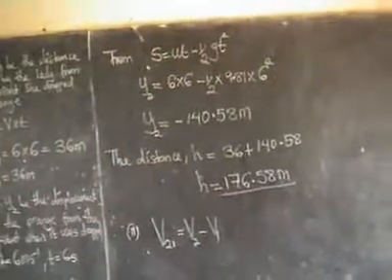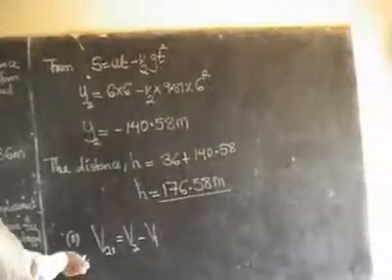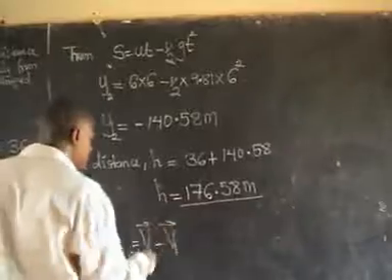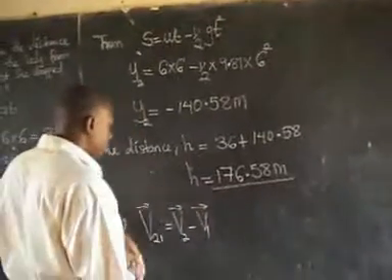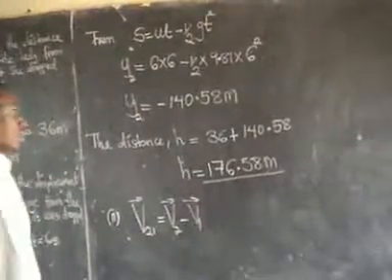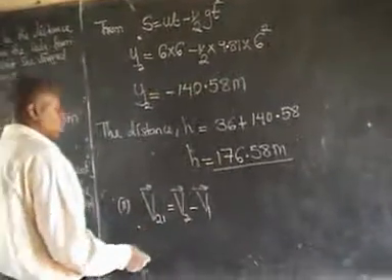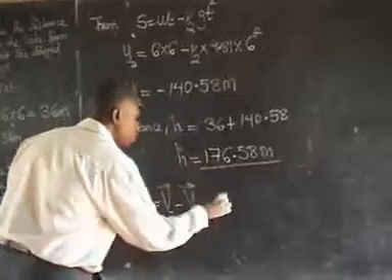So v1 is already known, so we are now having a task of finding v2. Since they are all moving along the same straight line, we shall just add as if we are adding scalar quantities.